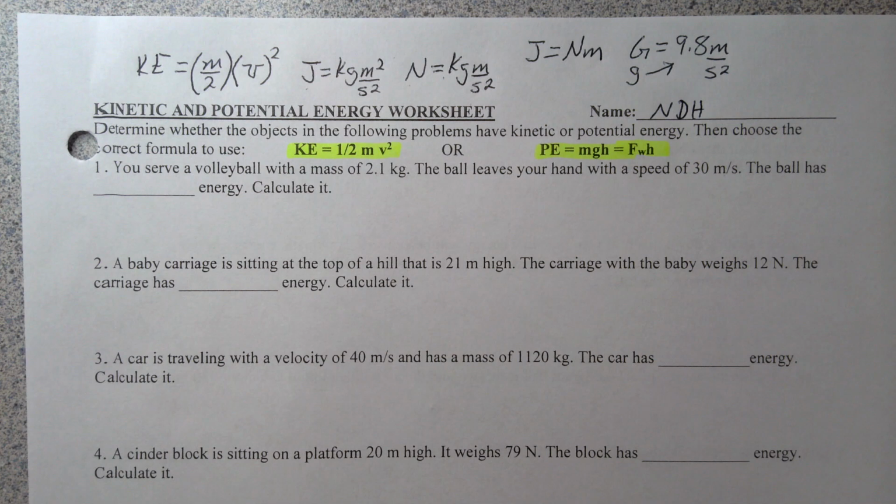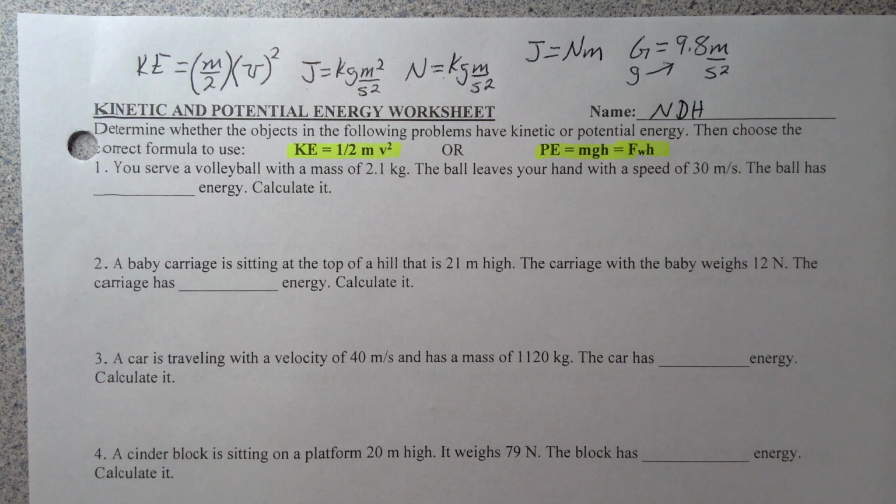So when we hear weight or force weight, that means gravity is pulling on it, and it's already multiplied the mass times the 9.8 meters per second squared. So that part's already been done for you, and that's why we see this in this formula.